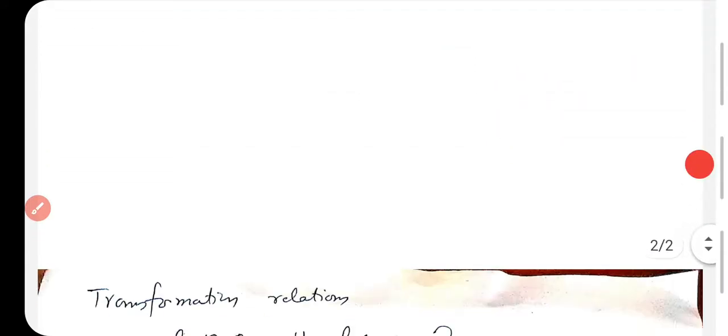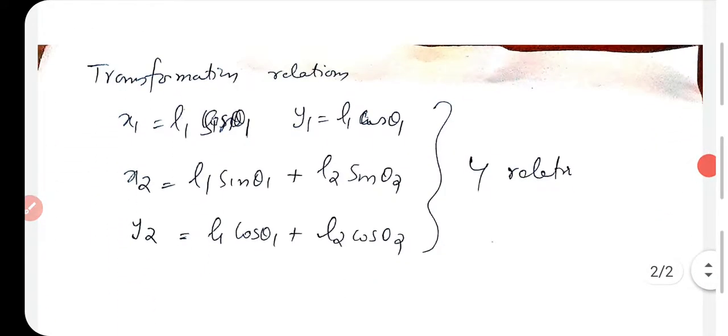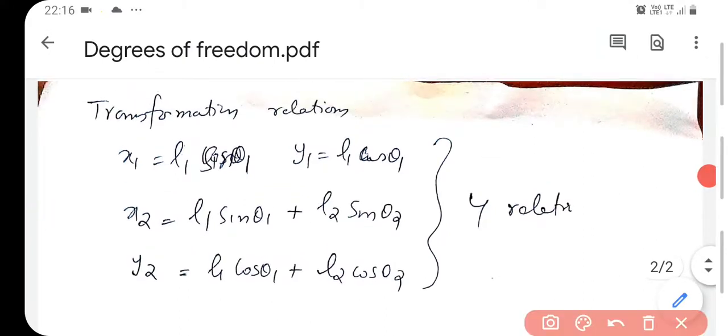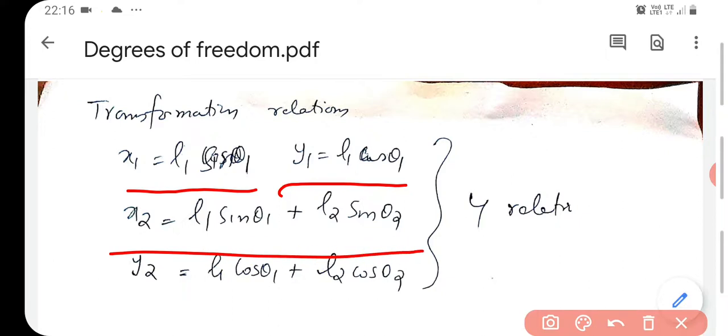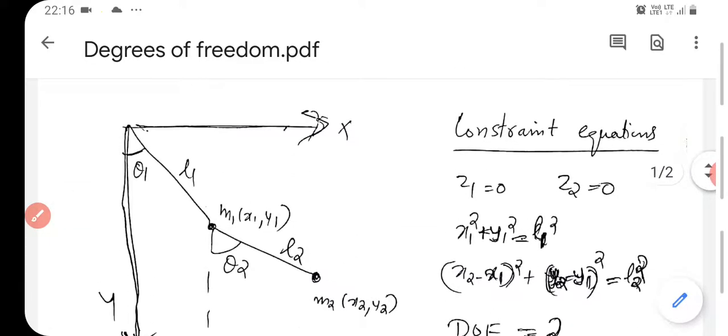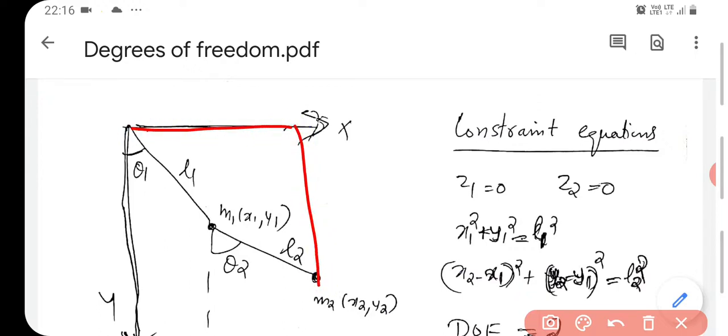Okay, now what about the transformation relations? As we wrote in the first case, the transformation relations now become x1 equal to L1 sin theta 1, that we know, y1 equal to L1 cos theta 1. And what about x2? x2 is L1 sin theta 1 plus L2 sin theta 2. Okay, so x2 is the distance from this point to this point.